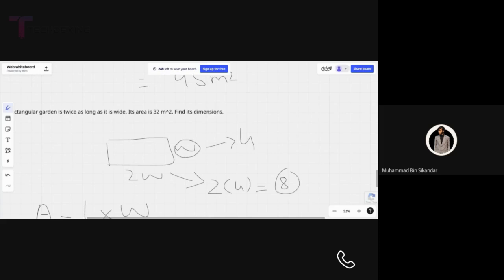So 8 would be the length and 4 would be the width. Understood? I put the value of W in this one over here, we multiplied 2 with it and we got 8. That is the length. Okay, good. Let's do parallelogram next.